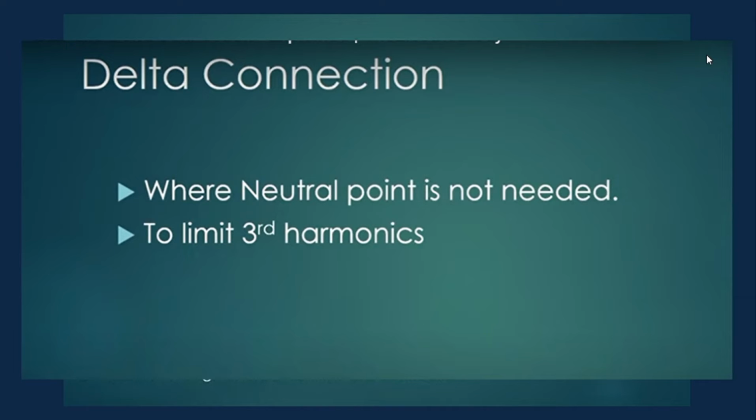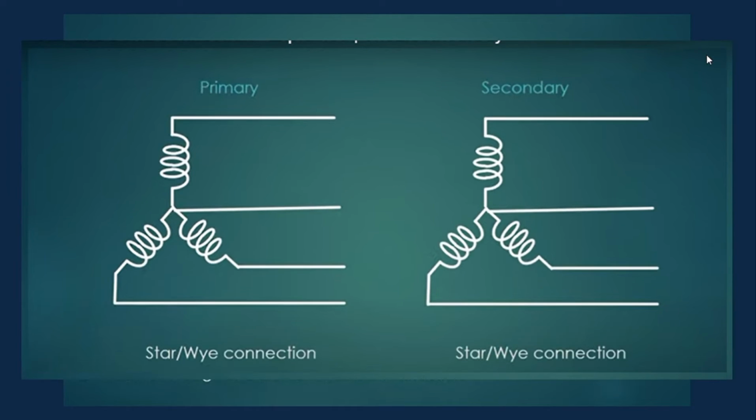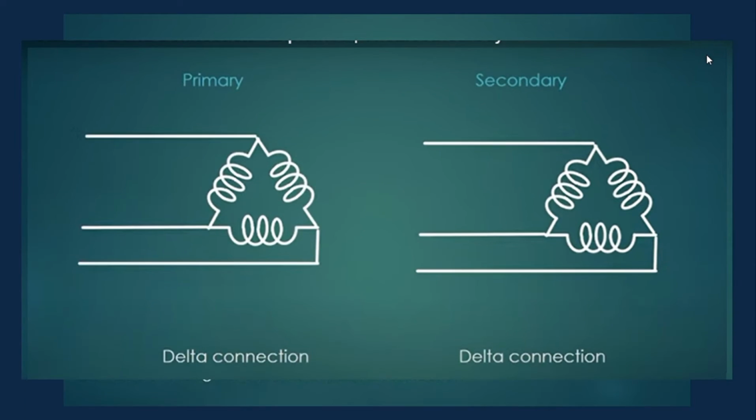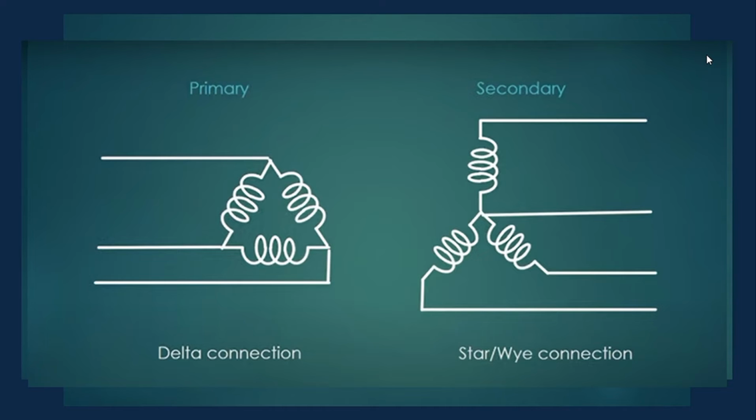You'll generally find three-phase transformers connected in different combinations of star and delta connections. For example, a star connected transformer is generally used in an autotransformer. A delta connection transformer is generally used for high voltage transmission. A multi-star connection transformer is generally used as a distribution transformer.